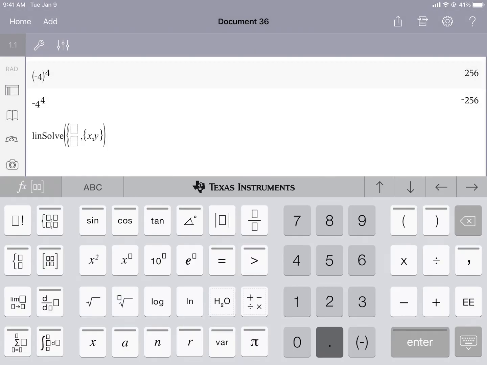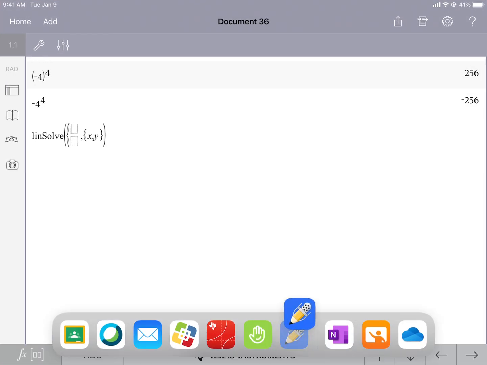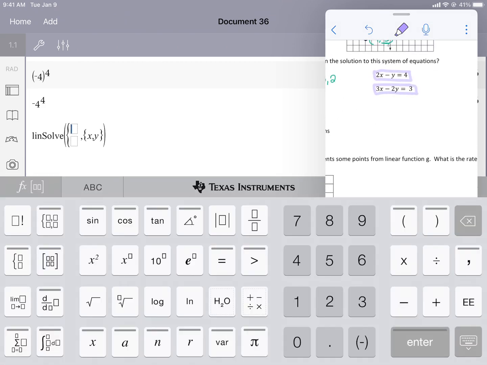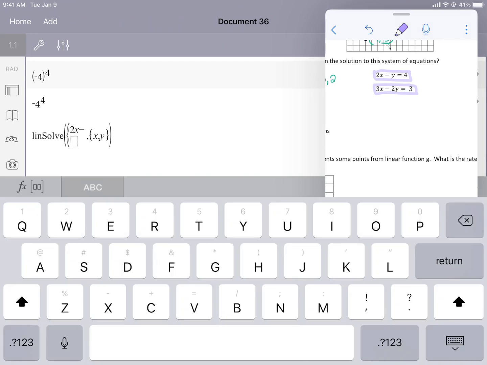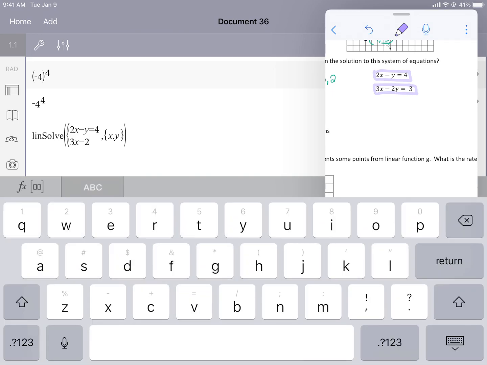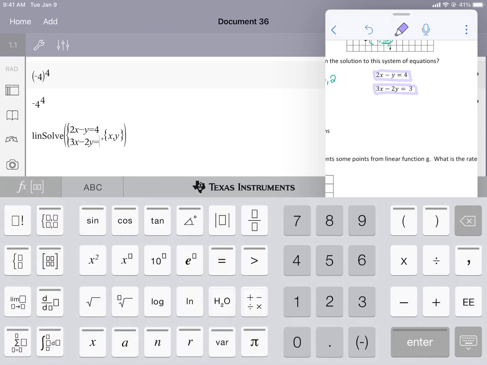I'm going to hit OK. I'm going to go ahead and put my notes on top because I've already forgotten the numbers. So my first box, I'm typing in 2x minus y equals 4. And in my second box, I'm typing in 3x minus 2y equals 3.